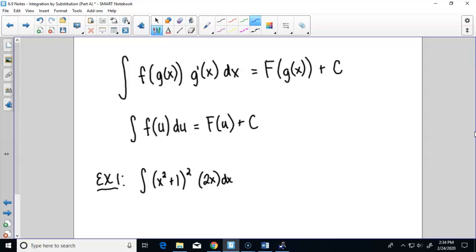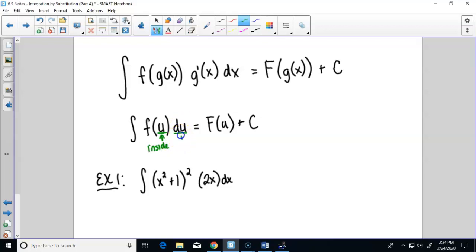So what we've got here is this u part is the inside part of the function. And du is the derivative of whatever u is. Right? So this is your inside part of your function. Like when you're doing a chain rule, you have that inside part.